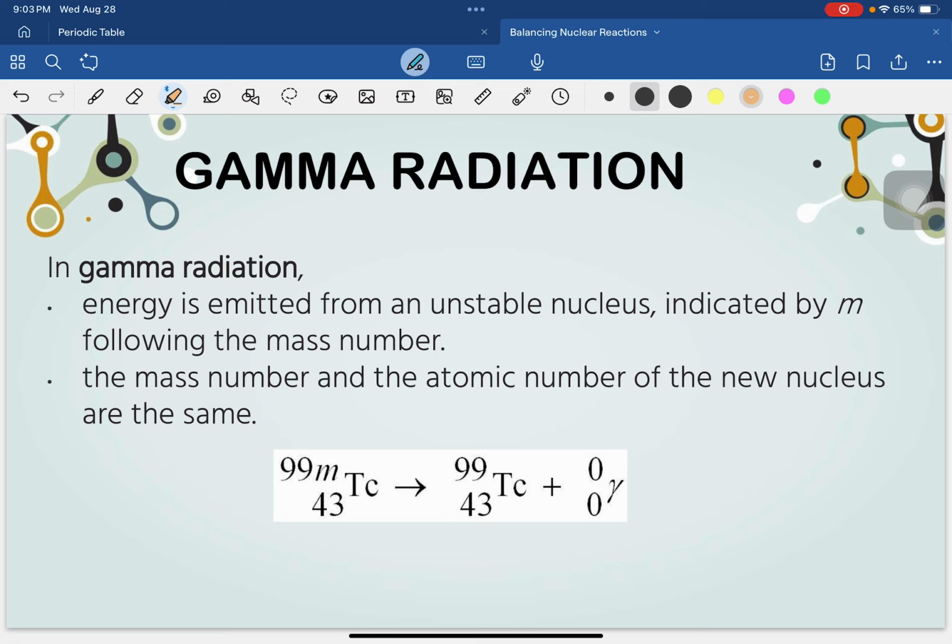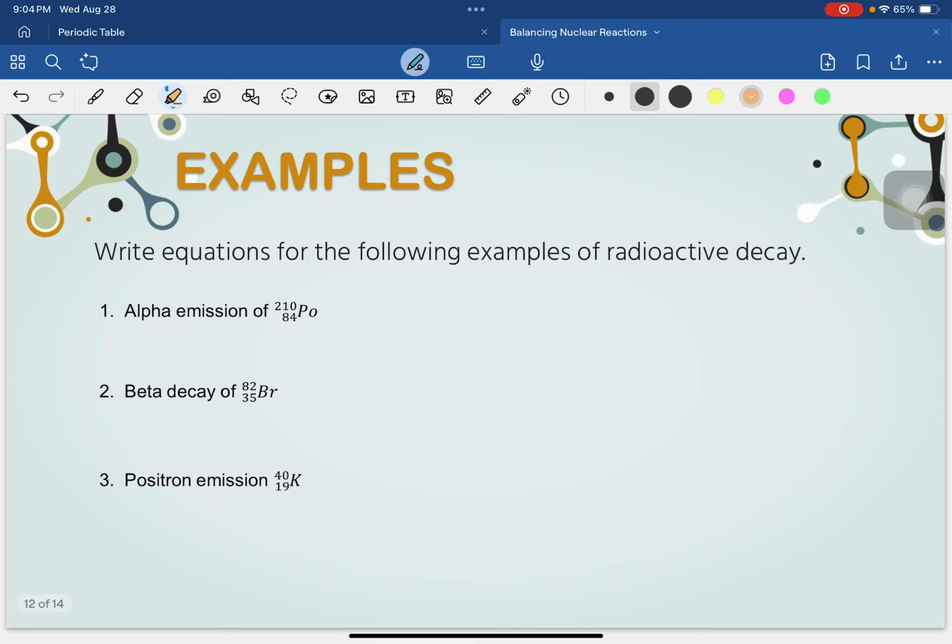If you remember when I was asked before what is a gamma ray, what does it do? If you can remember the definition, it's a burst of energy. It hastens the nuclear reaction. Though it's not giving any change when it comes to atomic number or mass number, it hastens. It's a catalyst in the nuclear reaction. Let's do zero gamma radiation.